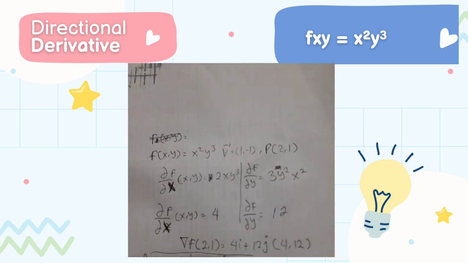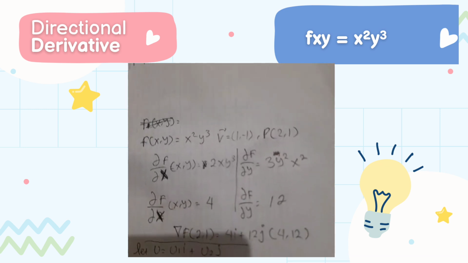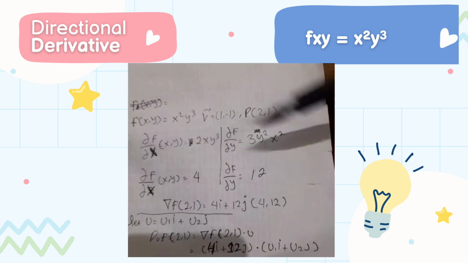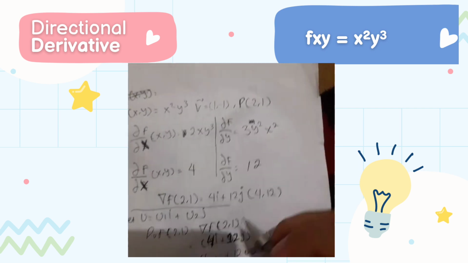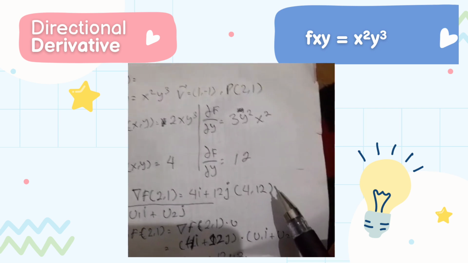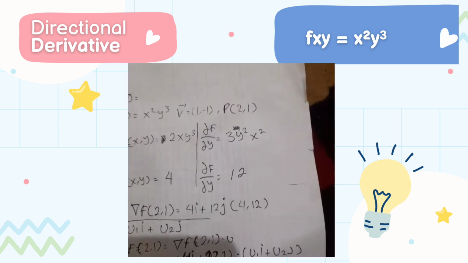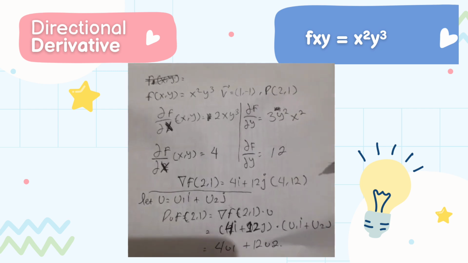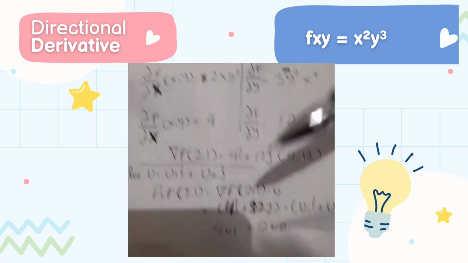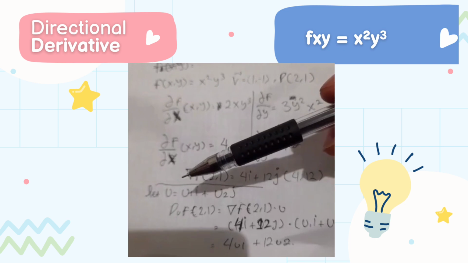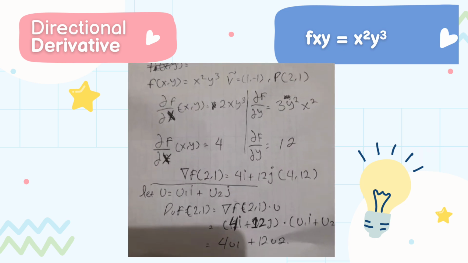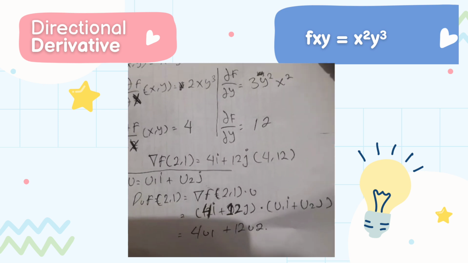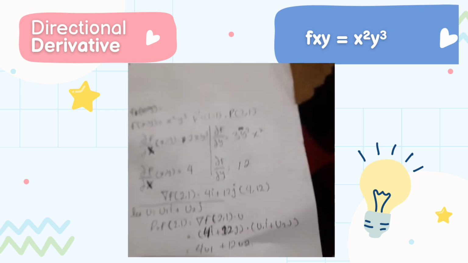We're looking for the gradient, so we use the derivative formula, and this is all the formula that I worked, and the result is 4 as x and 12 as y. I make an assumption like this: u equals u1 i and u2 j, and it will be used as the vector u for GeoGebra.